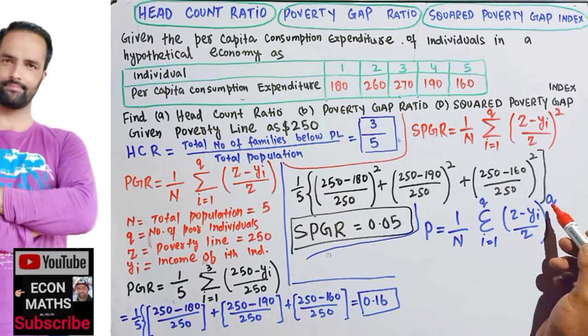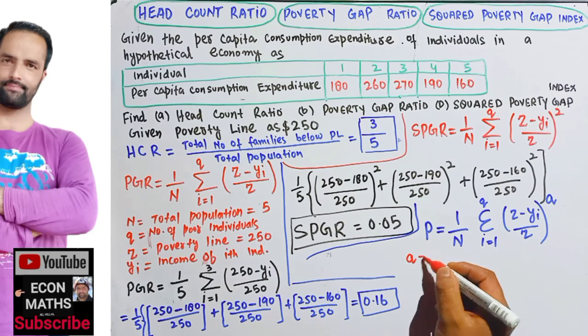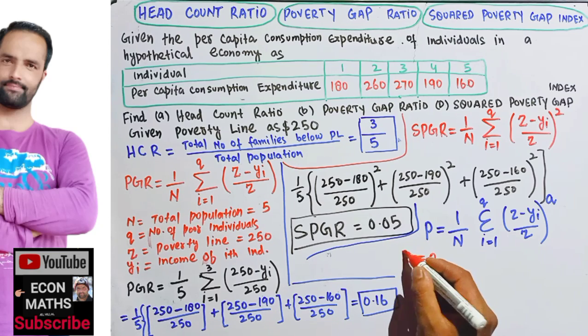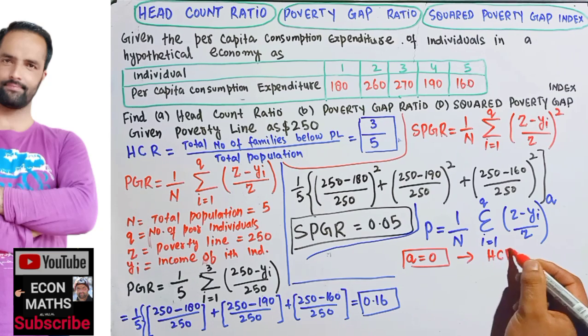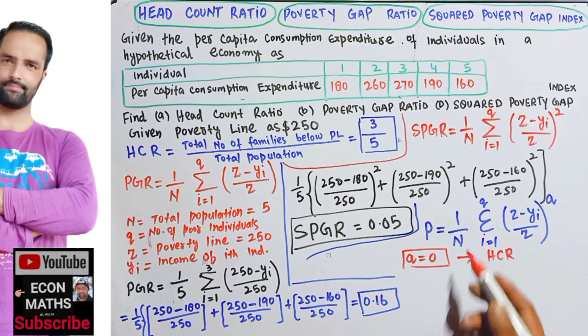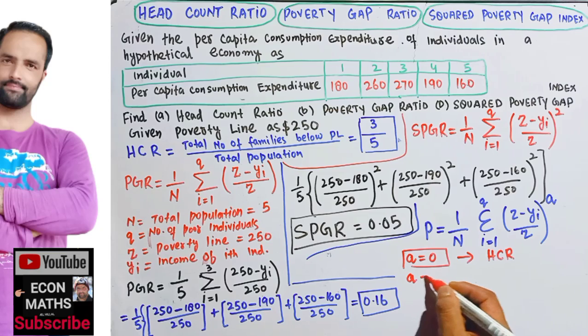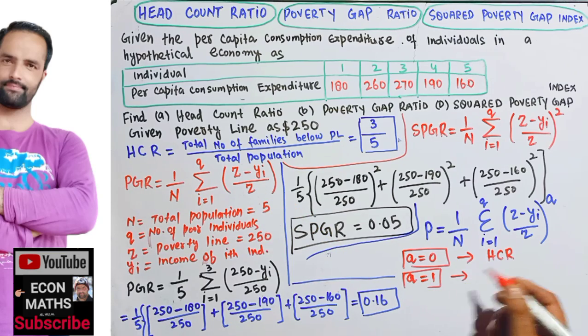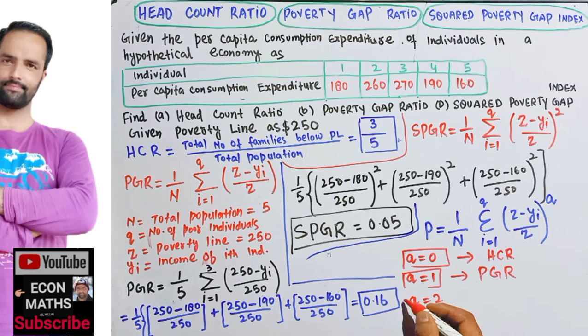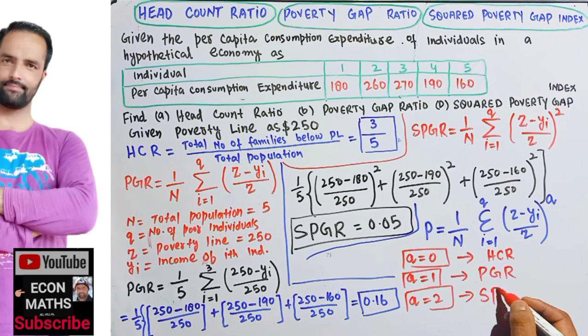Remember this: when a is equal to 0, we get the head count ratio. When a is equal to 1, which is in this case, we have the formula for the poverty gap ratio. And when a is equal to 2, when the exponent is 2, we have the squared poverty gap index or ratio.